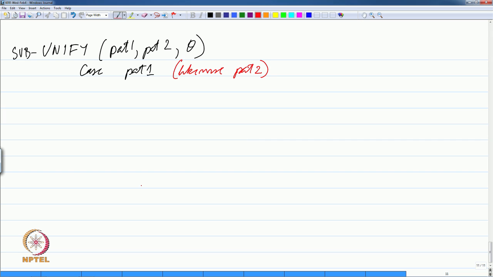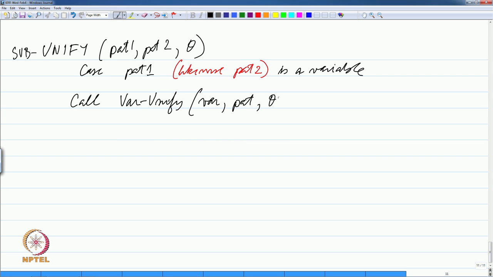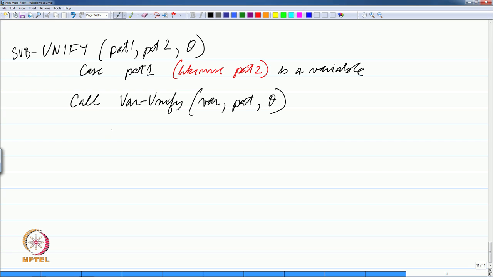So, let us say when pat 1 is a variable, then we call another function which is really doing the hard work. So, we will say where pat and theta. This is another subroutine that we are writing, in which the first argument is a variable, the second argument is a pattern and the third argument is the theta essentially. So, we have to look at a few cases here.